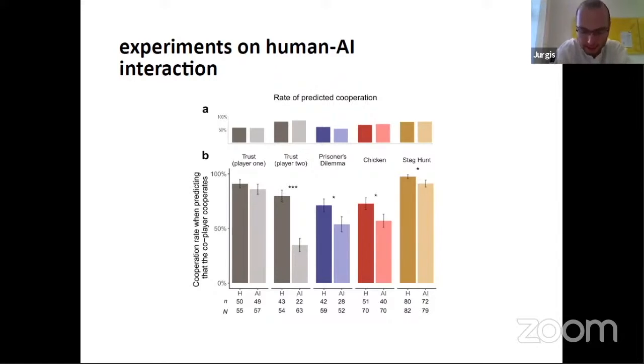In these interactions, people generally trust, they predict that artificial agents will be as cooperative with them as humans, and that's shown here in the top panel. But when they predict artificial agents to cooperate with them, significantly fewer humans cooperate with artificial agents than they cooperate with other humans. So here you can see the role of player 2 in the game of trust, in chicken, and in some other games. That drop in cooperation with AI is quite stark and significant.